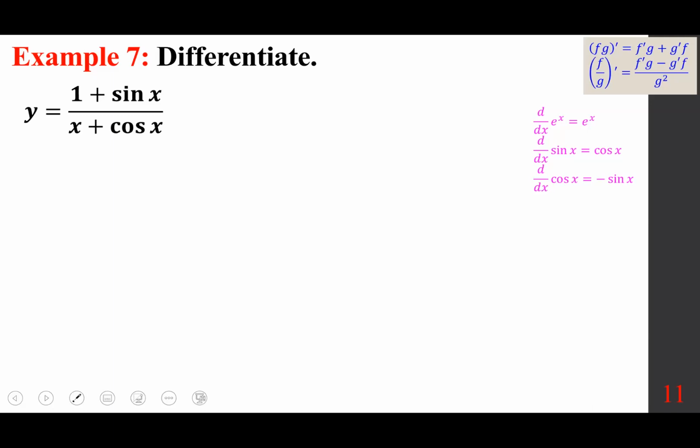All right, I want to differentiate this, and again, we are going to use the quotient rule. So let's write f over g and try to differentiate this, following the formula here.